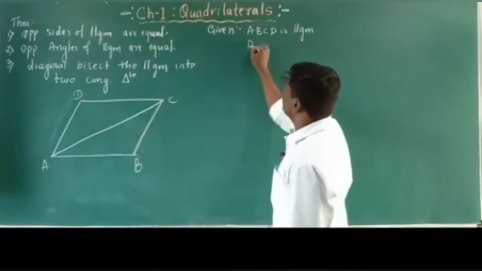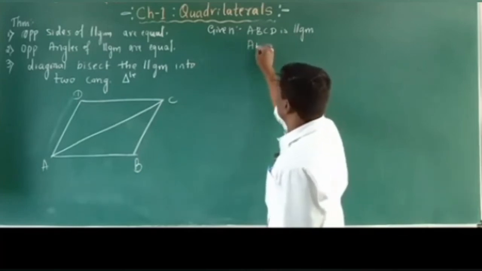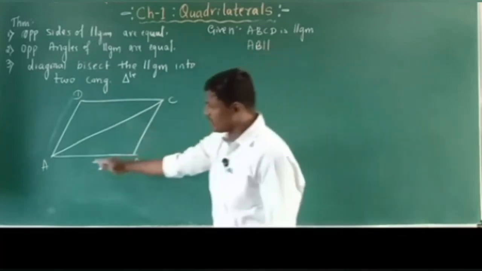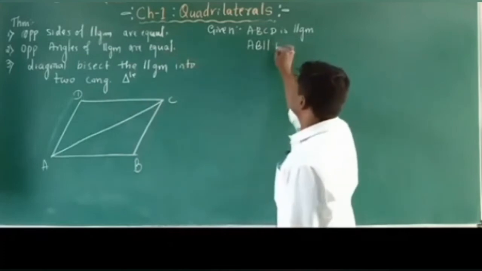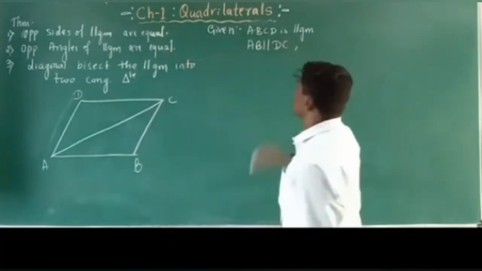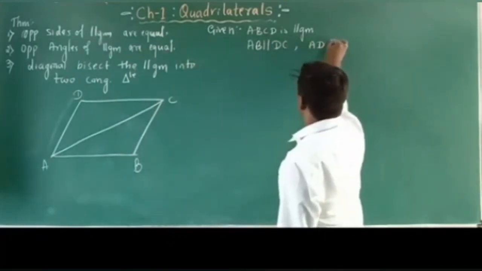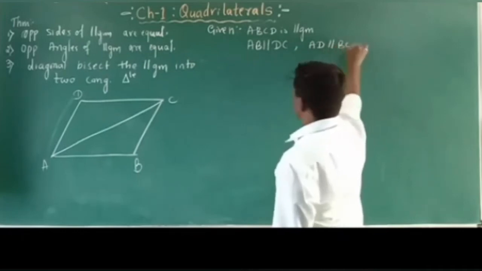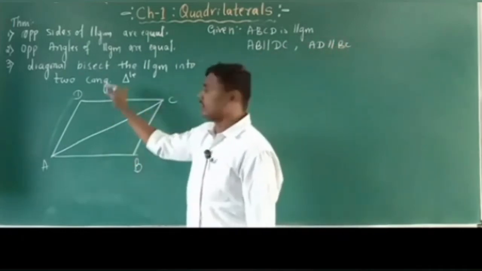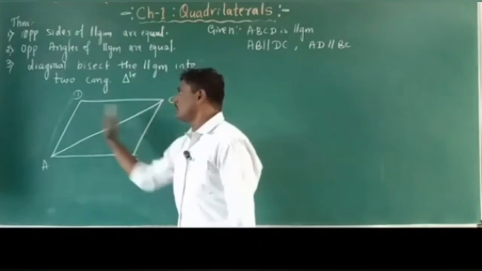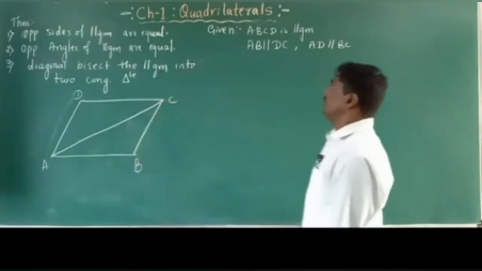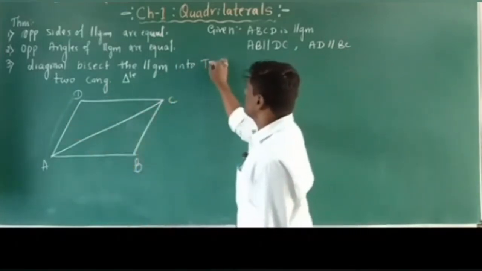What are the opposite sides that are parallel here? The side AB is parallel to DC, and one more pair, AD is parallel to BC.